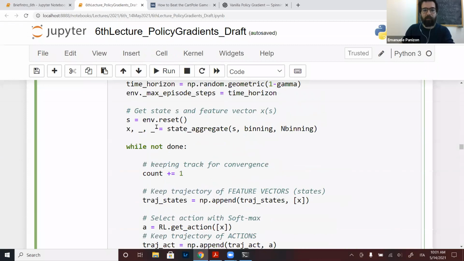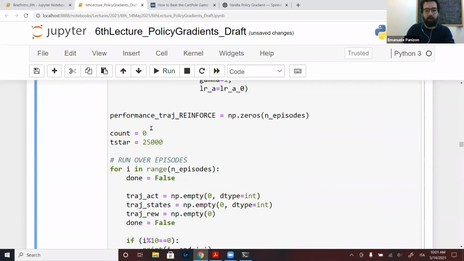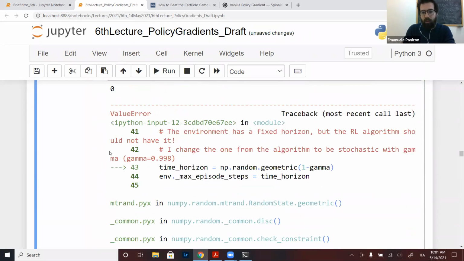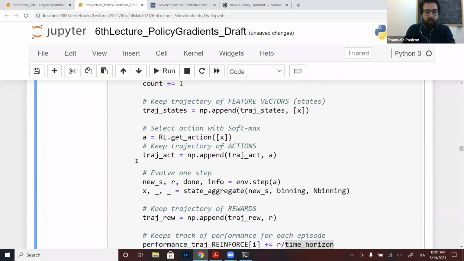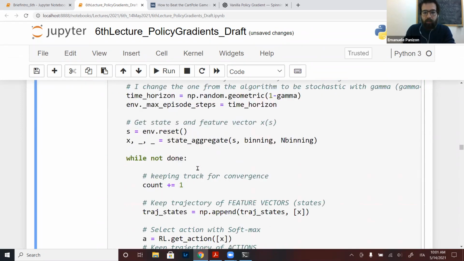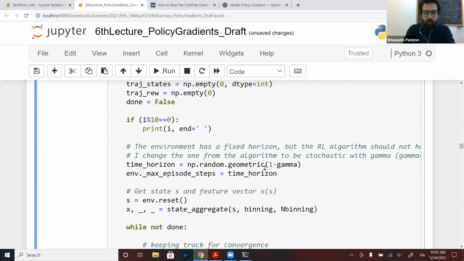Okay, so let's try to run this. Clearly, I forgot to set it. Yes, because I put gamma equal, I have to change it. I apologize. Okay, let's say I put this.